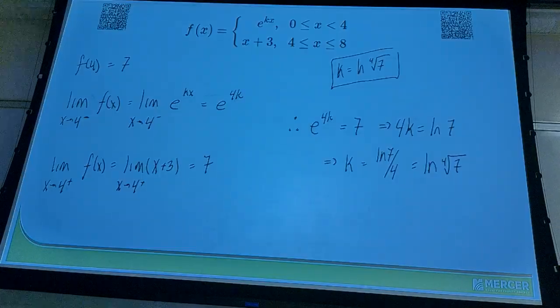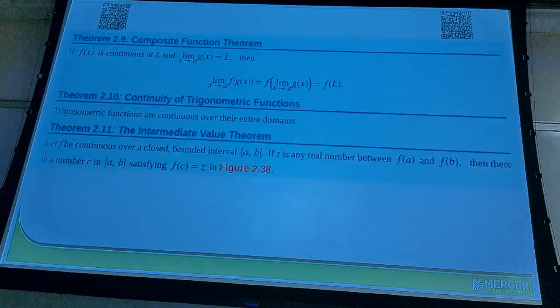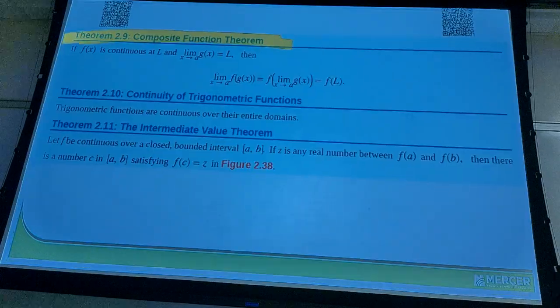I reiterate, the most important result from today is the composite function theorem, which is going to allow us to just use direct substitution for any function.